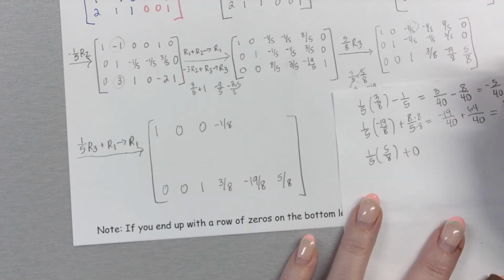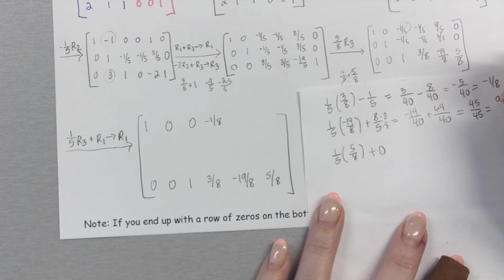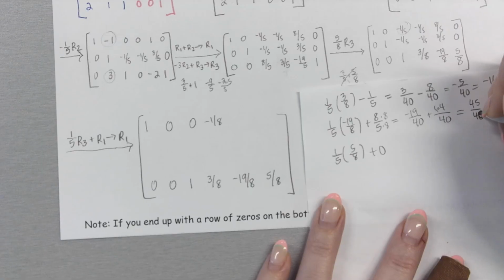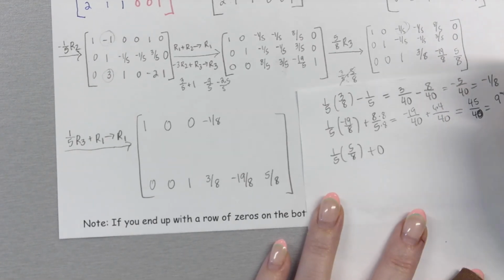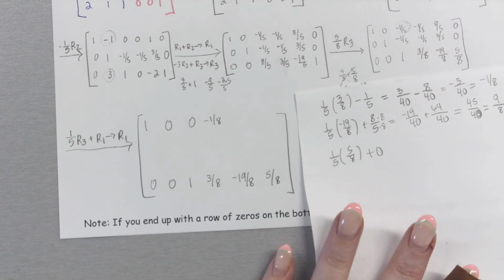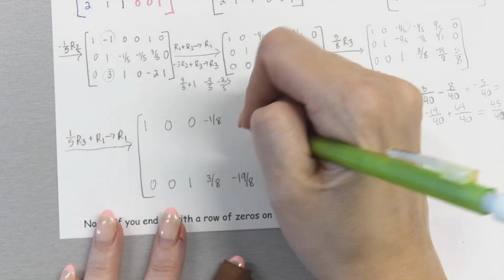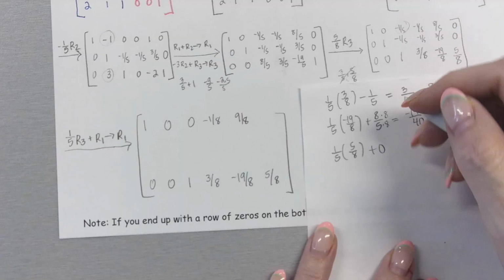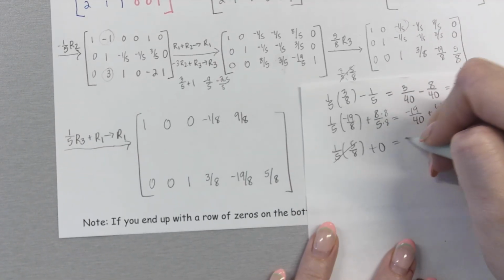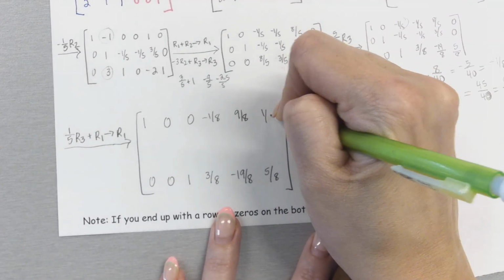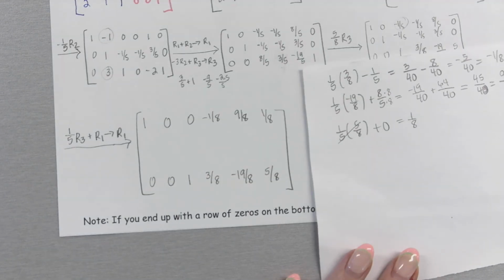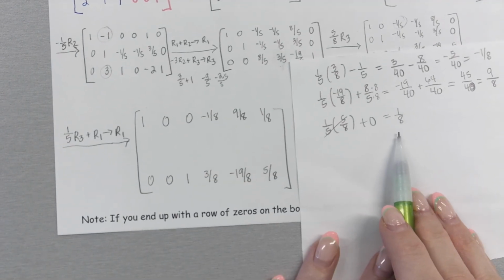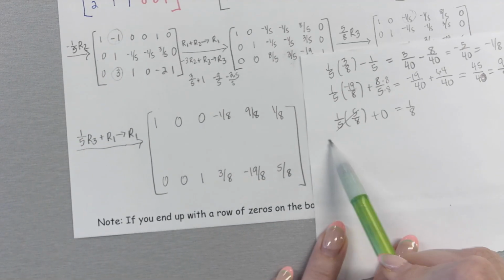So if it's 19, it'll be 45/40. So 5 goes into both. Oops, sorry, I put the 45 there too. So divide by 5, 9/8. That will be in your next spot. Okay, and then here I have the 5s cancel, so I just get 1/8. Okay, do you guys think writing it out like that helps with the fraction part?